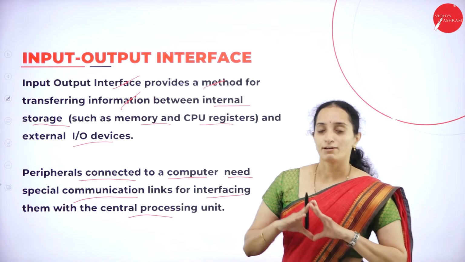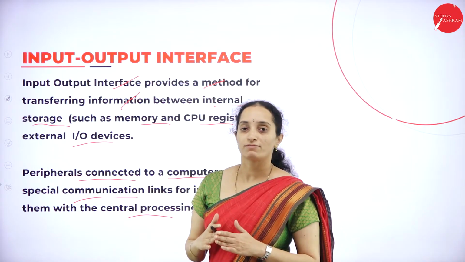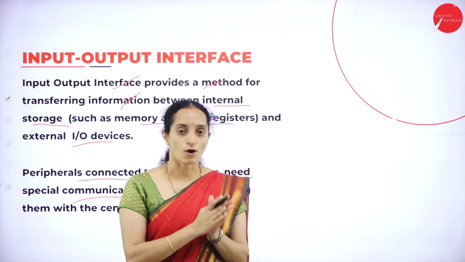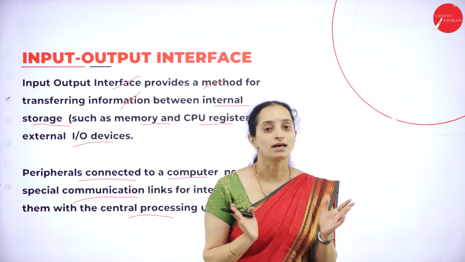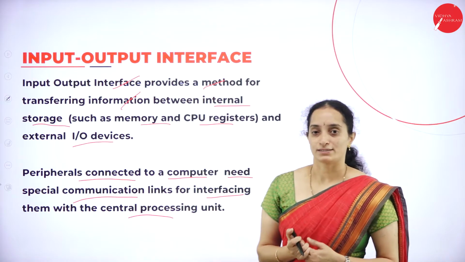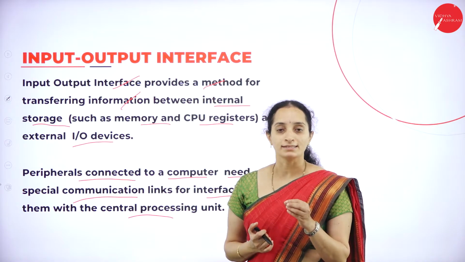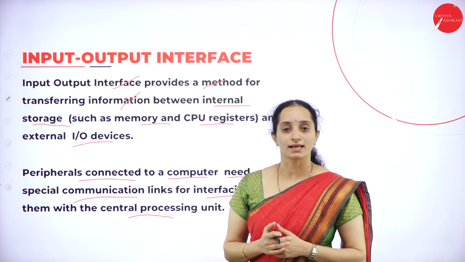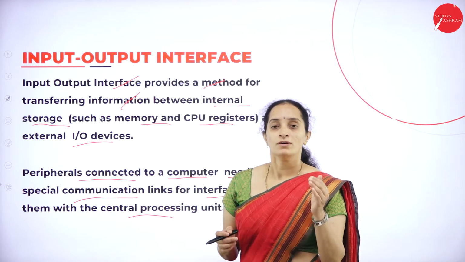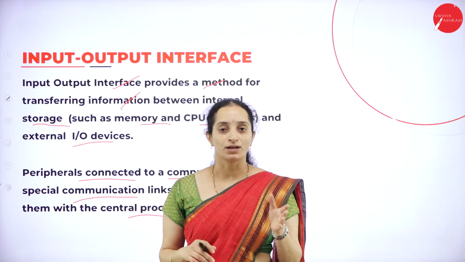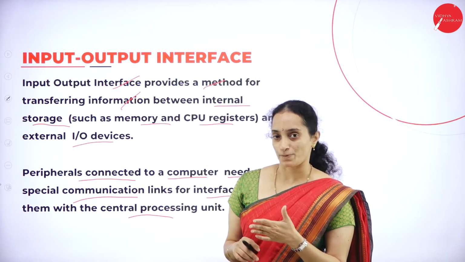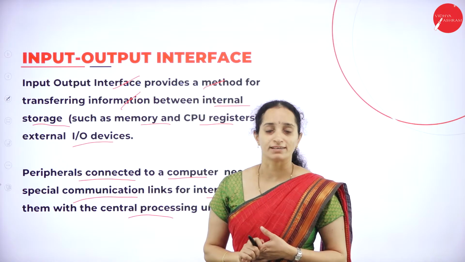Otherwise, there will be no connection between the input device and processor or output device and processor. They are all interconnected to perform a task, which I have already explained in the last session, isn't it? How to get data from the memory, how to perform the arithmetic operation. All this I have explained.